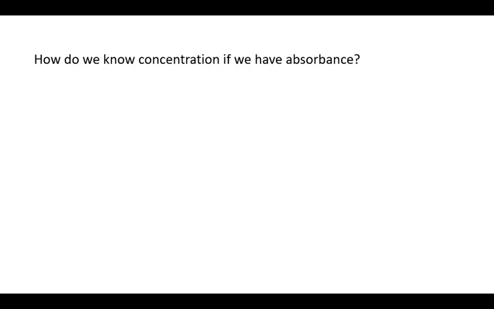But how do we know the concentration if we have the absorbance? Before, we've talked about Beer's law. Beer's law tells us that there is a direct relationship between absorbance, A, and concentration at a specific wavelength. So absorbance is proportional to concentration at a specific wavelength.